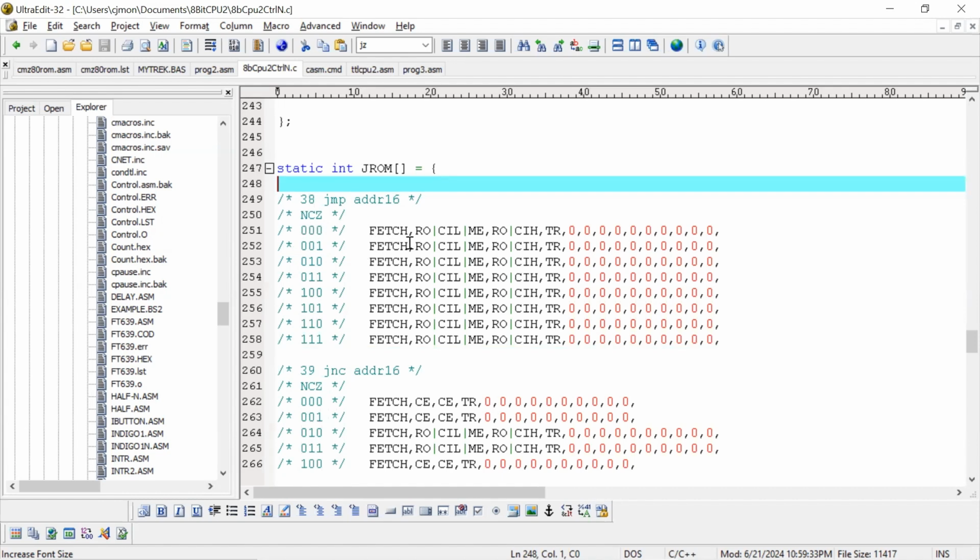And then this is the next 16 bytes for the zero flag set. And this is the next 16 control bytes for the carry flag set, and so on. And you see that this is just a straight jump, an unconditional jump. So all of these records are the same, regardless of the flags.